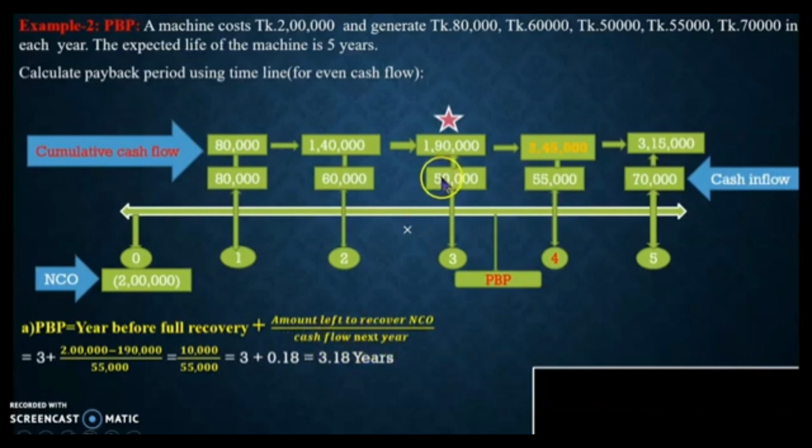Next year means the 4th year. The 4th year cash flow is taka 55,000. That means divided by taka 55,000. It will be 3.18 years. 3.18 years is located after the 3rd year and before the 4th year.